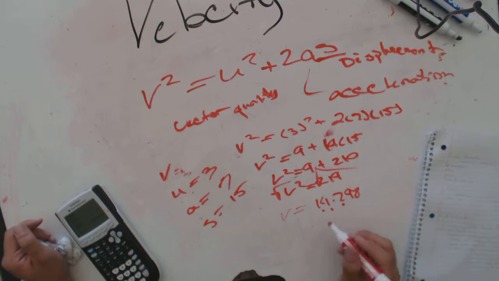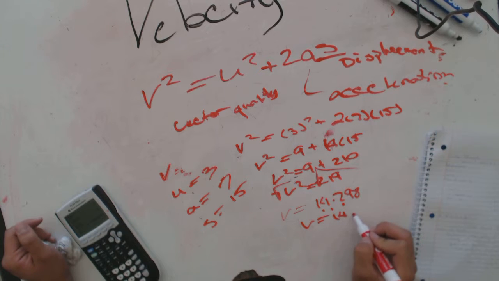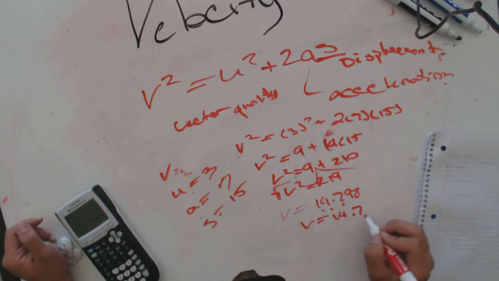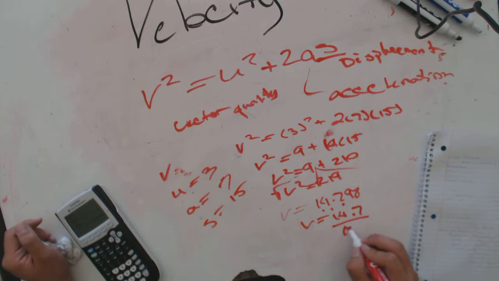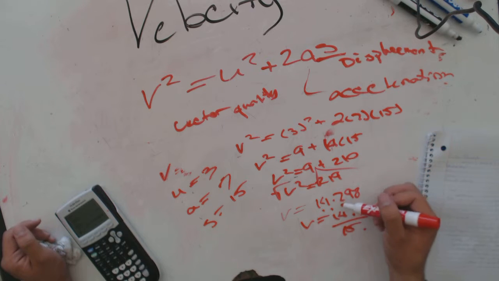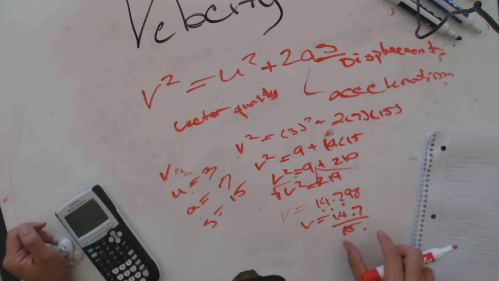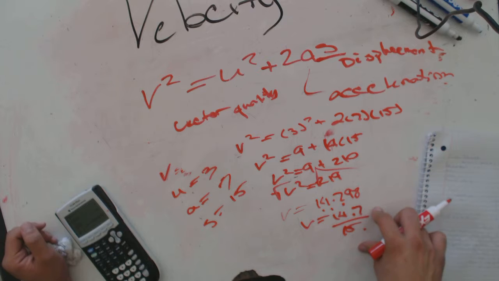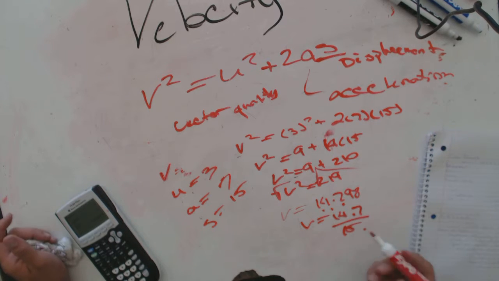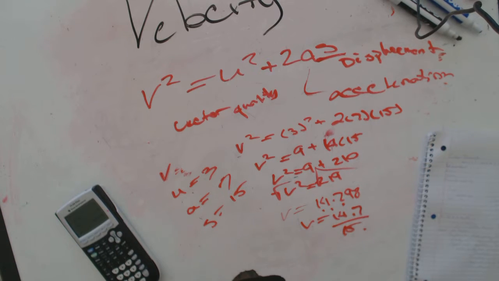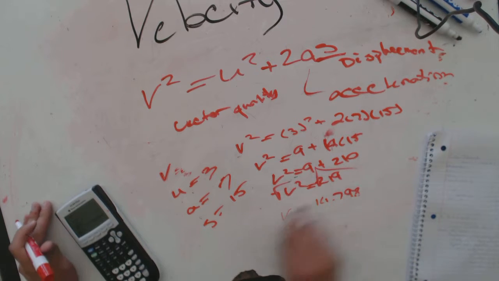This is the digit we round to. So v equals 14.8, or most likely this will become simply 15 if you wanted to round up. You're safe going with 14.8 or 14.798 because that's a more exact answer.